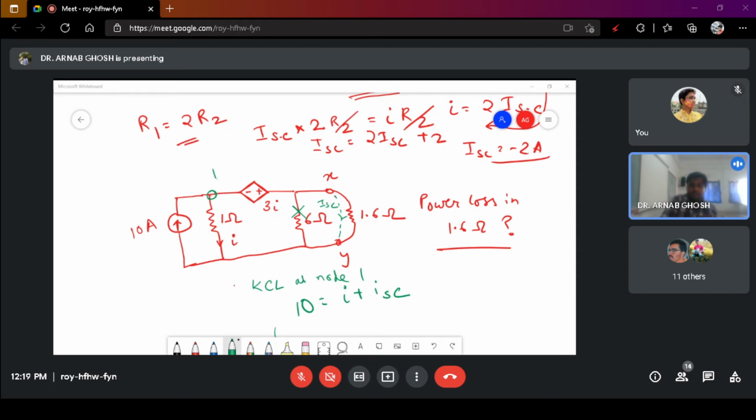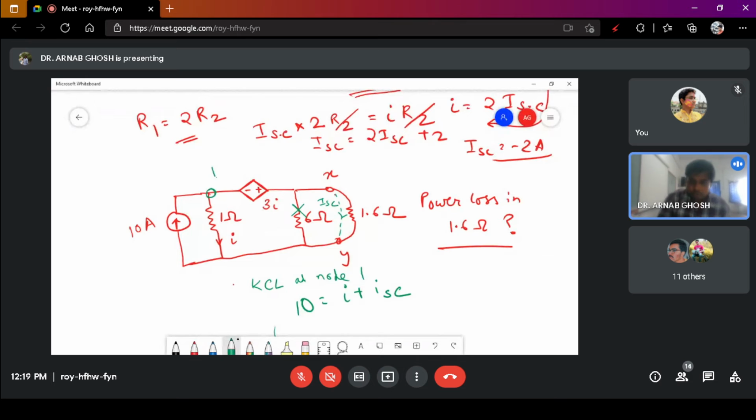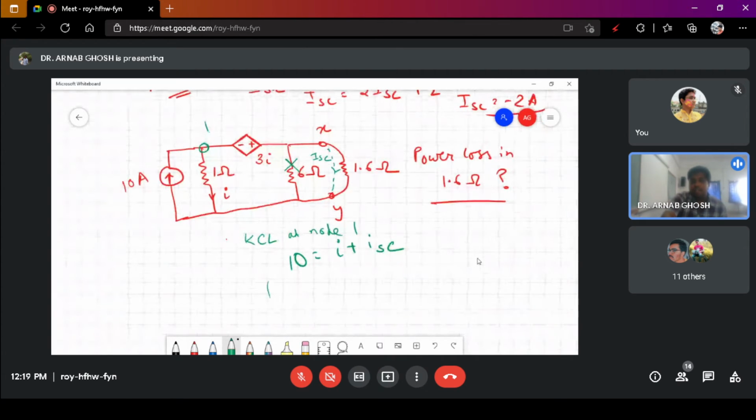Okay, see, I will just explain it to you. First things first, we have done this already: KCL at node 1 gives 10 equal to I plus ISC. Now, what is the node voltage at 1?